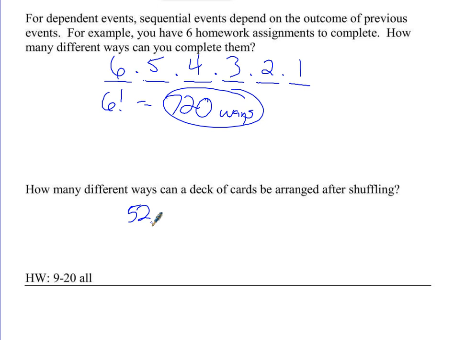The next card in the deck can be one of how many remaining cards? 51. The next card can be one of how many remaining cards? 50. On down all the way until we get back down to the last remaining card. So times 1. That is 52 factorial.